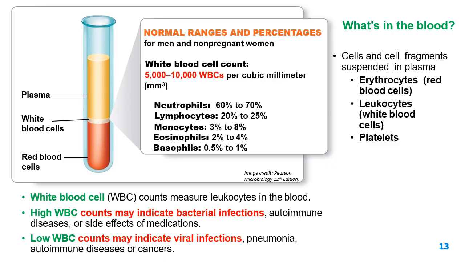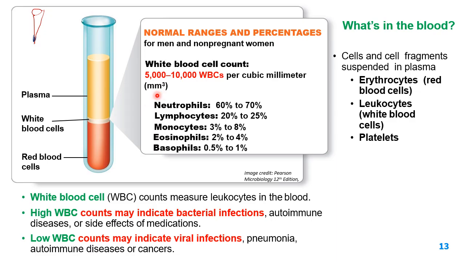If you're working in the lab and you use pipette tips, a milliliter would be just a little tip of volume, very, very tiny. In that 1 milliliter, you can have 5,000 to 10,000 white blood cells present. And this is the normal count, 5,000 to 10,000 per milliliter.